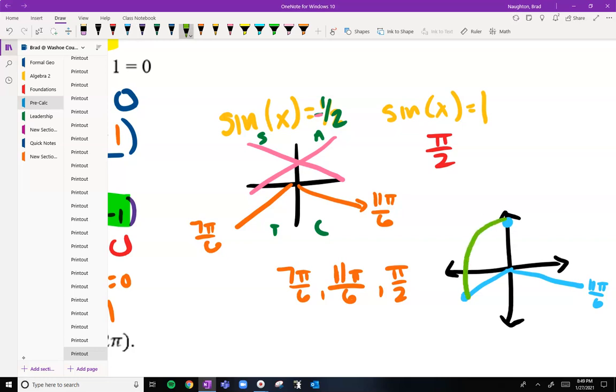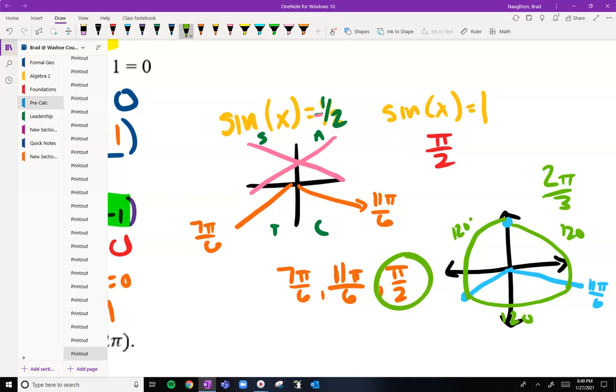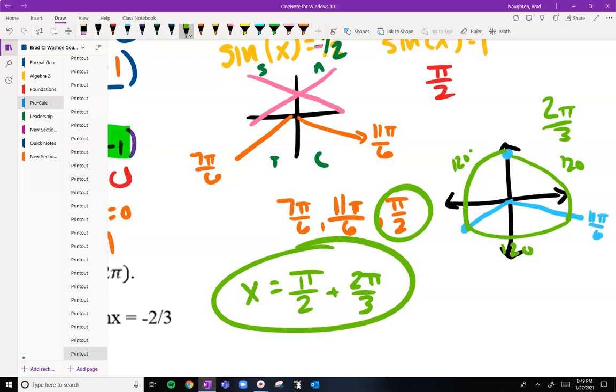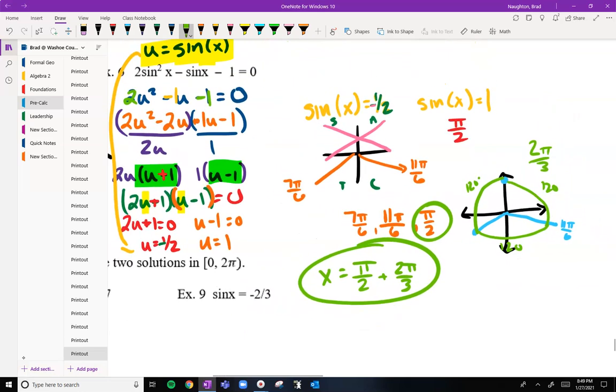So from here to here, that's 120 degrees, 120 degrees, 120 degrees. So how do we write that? That's 2 pi over 3. So what's our smallest one? That's pi over 2. So we're going to take pi over 2 plus 2 pi over 3. And that's my mapping one. Cool. Easy peasy, lemon squeezy.